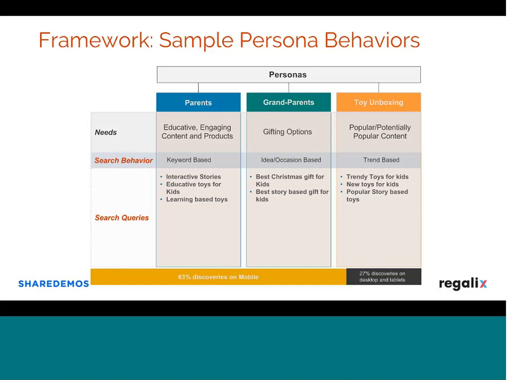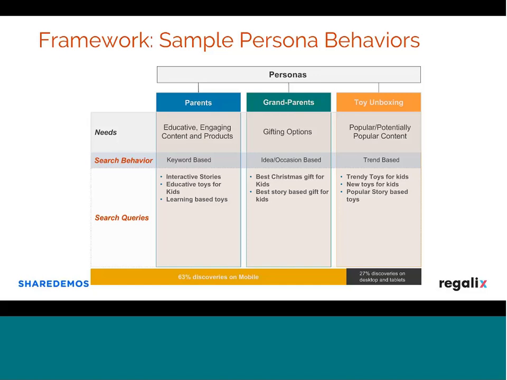They would say, okay, trendy toys for kids, new toys, upcoming toys, popular story based toys, and so on and so forth. Now, as a marketer, it's very important when you are looking at personas to understand where the discoveries are happening.